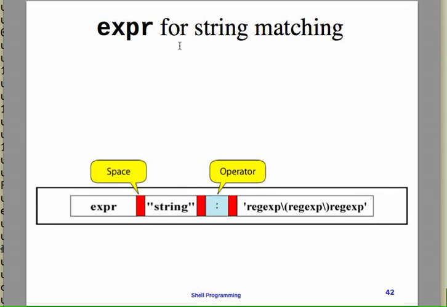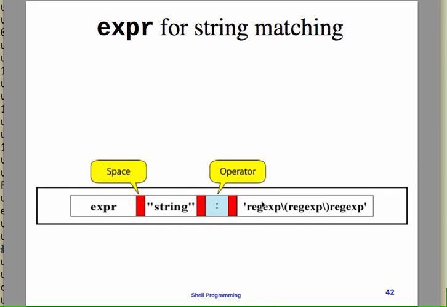And so the general format for string matching is this. You say expr space, and then whatever string you want to do, and here is the operator. This is one way to do it. Another way is to specify the operation, say expr match, and then the space, and then the string.